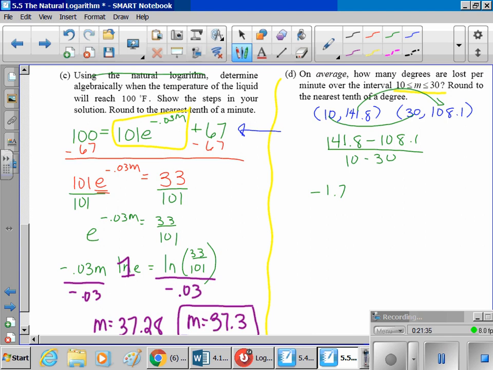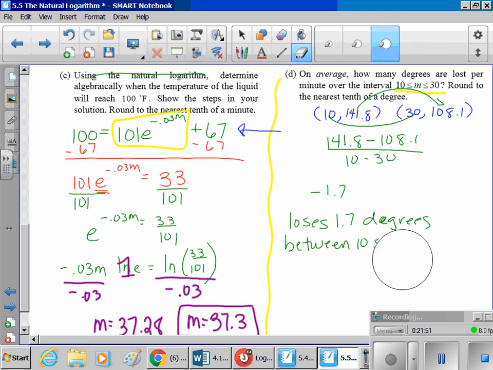So make sure that you say it loses 1.7 degrees between 10 minutes and 30 minutes. Please write the words out on a Regents exam. Here I'm just doing it fast. You can use shorthand here, but on a test, on a Regents exam, don't write in shorthand. Don't truncate the words. All right?